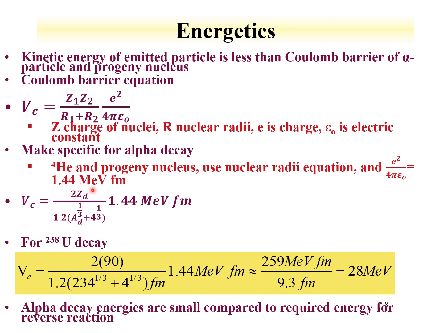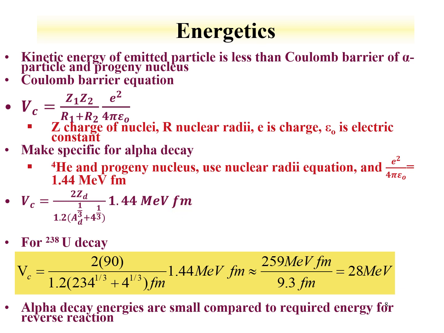We use the equation for determining nuclear radii, where we use r naught as 1.2, A of the progeny to the 1/3, plus the A of the alpha particle to the 1/3, and this is all multiplied by 1.44 MeV Fermi, which is a collection of the constants, where a Fermi is 1 femtometer.